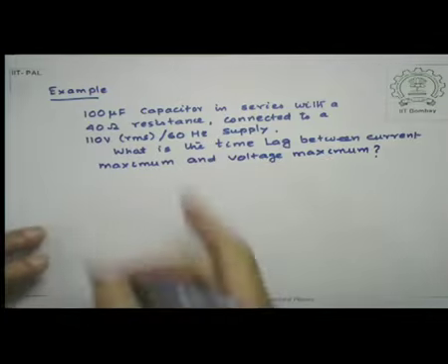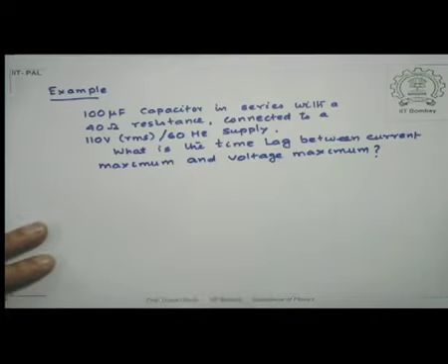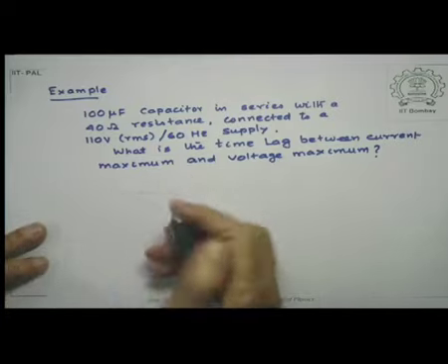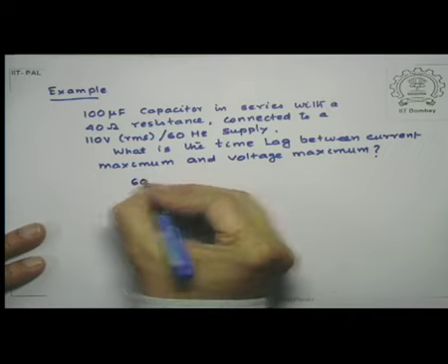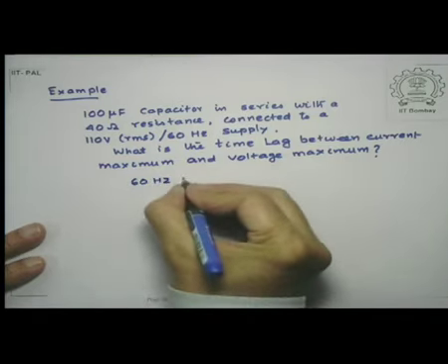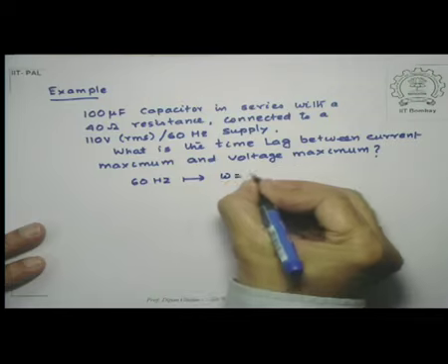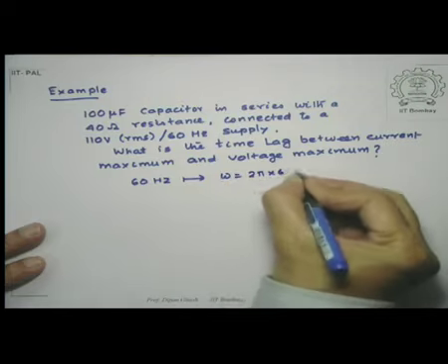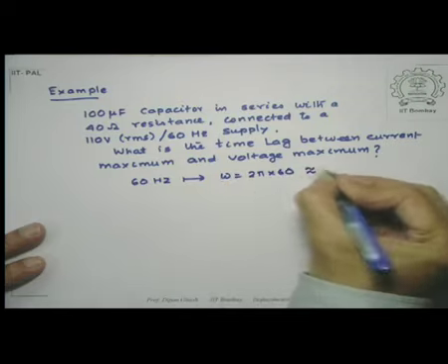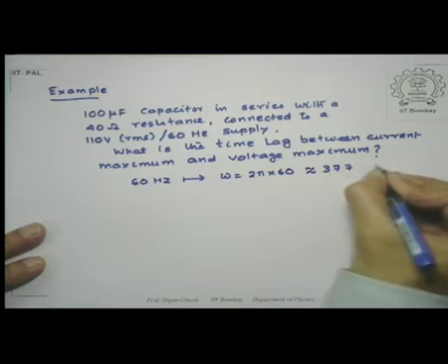Okay, first, since it's a 60 hertz supply, which is a linear frequency, 60 hertz corresponds to omega equal to 2 pi times 60, which is approximately equal to 377 radian per second.